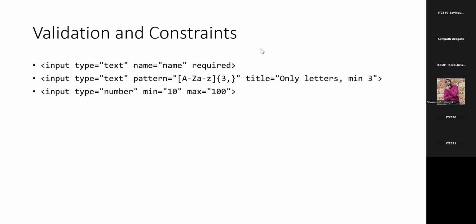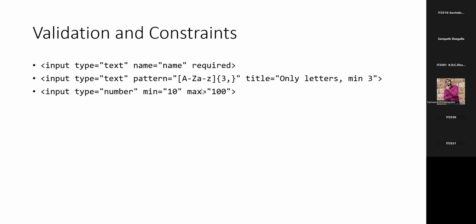So we use a pattern, where we can use something similar to regular expressions. In this particular case, it will check that the text box allows only letters. So A to Z here represents that you are allowed to enter capital or simple letters, and you have to have at least 3 letters.